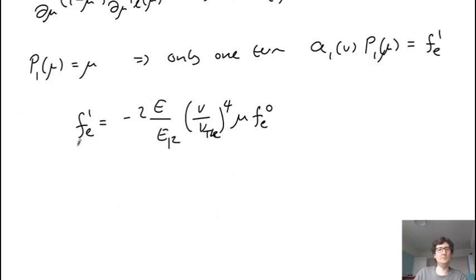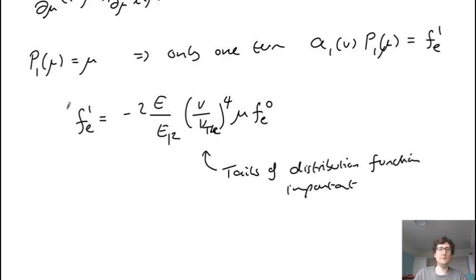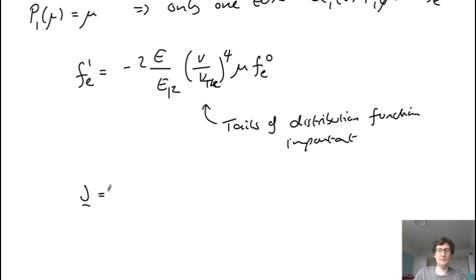So the distribution function is like the fourth power of the velocity times the equilibrium field. And so you can see that this becomes large in the tails of the distribution, and so it's heavily weighted towards the tails of the distribution function. If you now use this distribution function and take the integral, you can calculate the current, and you get that J is this expression here.